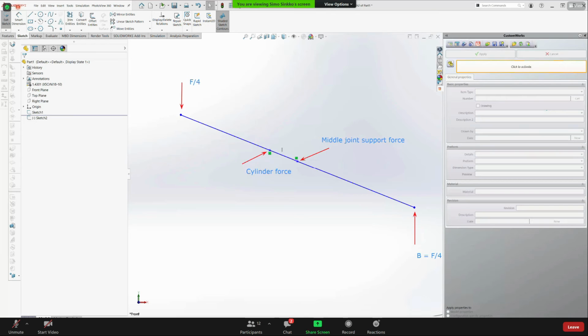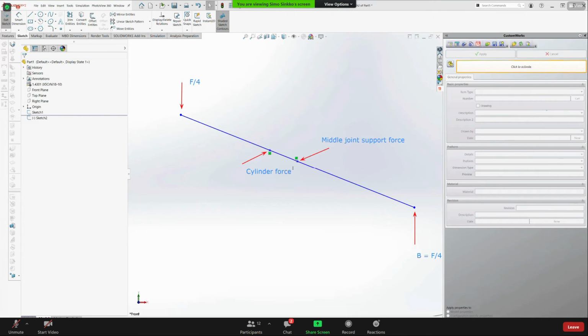And then of course you can split these into Y and X components, and like Nikolai told, the X components of this point and this point simplify each other, and it's the Y components that matter.